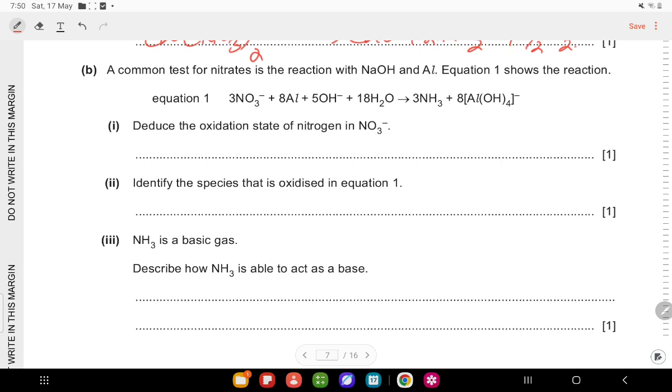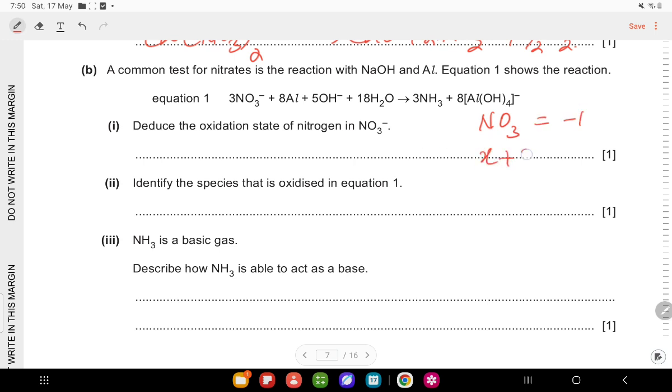A common test for nitrate is reaction with sodium hydroxide and aluminium. Equation 1 shows the reaction. Nitrate plus aluminium, hydroxide, water to form this compound. Deduce the oxidation state of nitrogen in NO3 minus. NO3 is equal to minus 1.